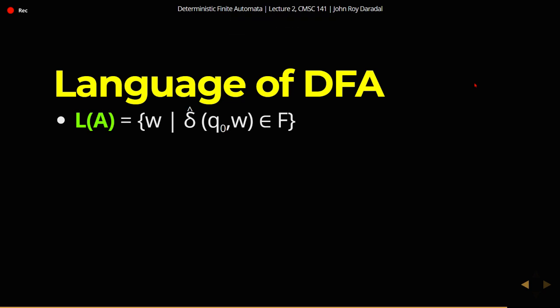So with that, we are now ready to define our language, the language of our DFA. So the language of a DFA is the set of strings W such that the delta hat or extended transition function starting from Q sub 0 and taking that string ends up in one of the final states. Okay?